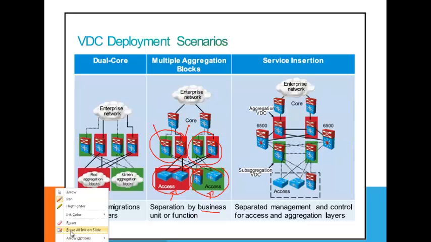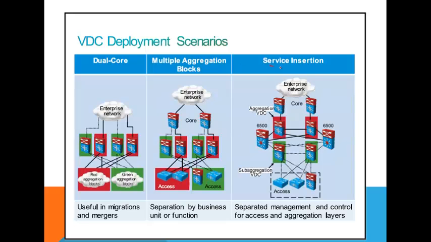Now there is another example, service insertion, meaning I want 2 Nexus boxes, one doing some job and giving the output, and the other takes that and processes it. So I need 2 boxes. So what I do is partitioning, I do VDC. Input comes from the access layer to this VDC, and the output goes to the other VDC and gets processed here before it goes to the core, because of some service demand.